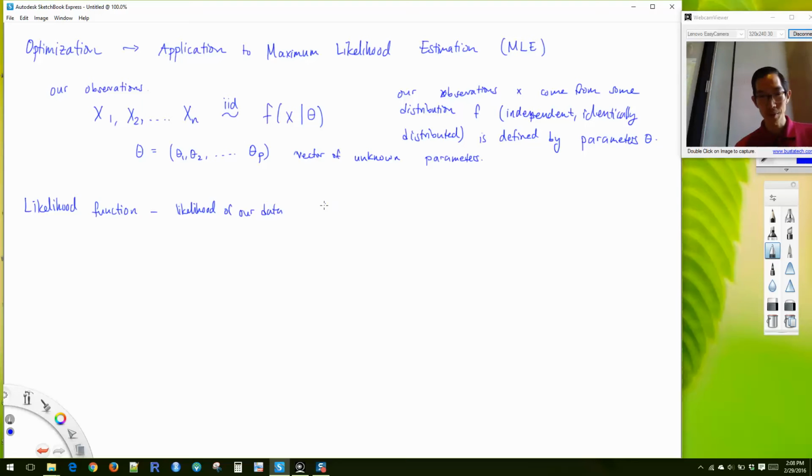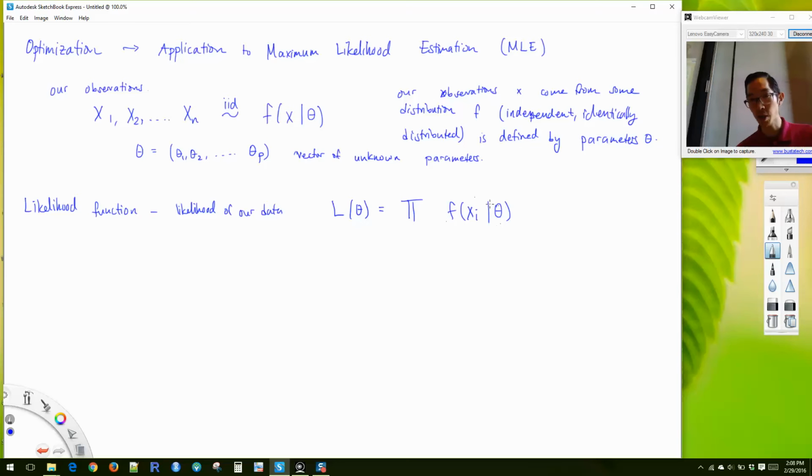The likelihood, given some values of theta, is just going to be the product over all of our observations, x of i given our thetas.